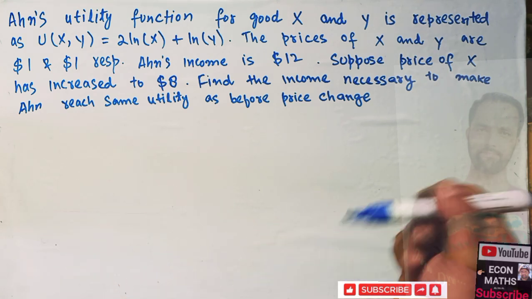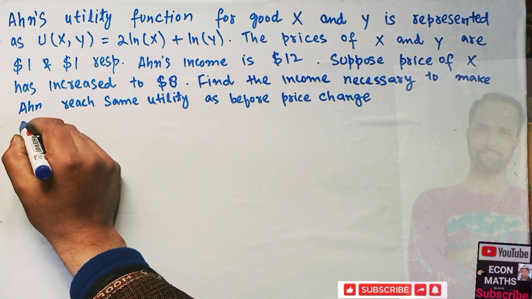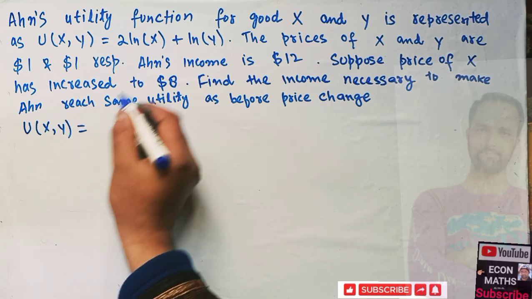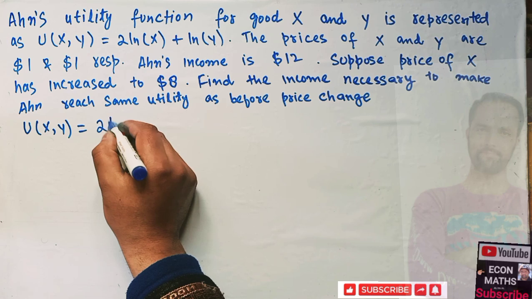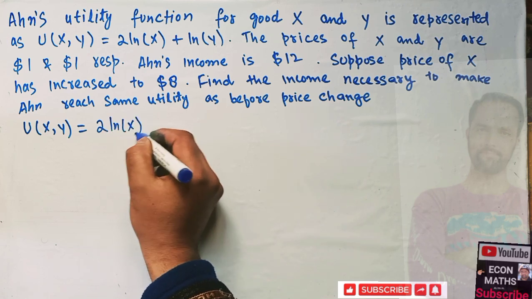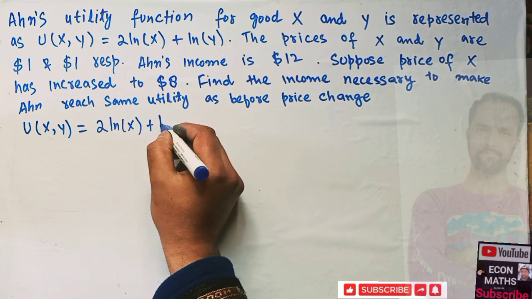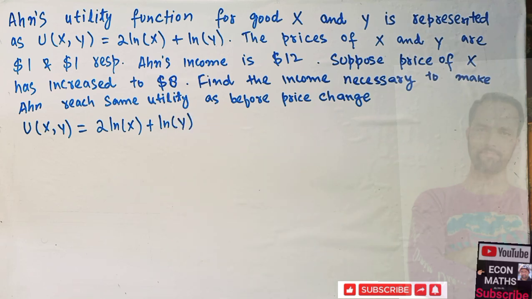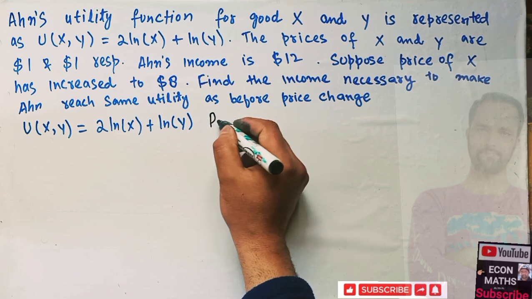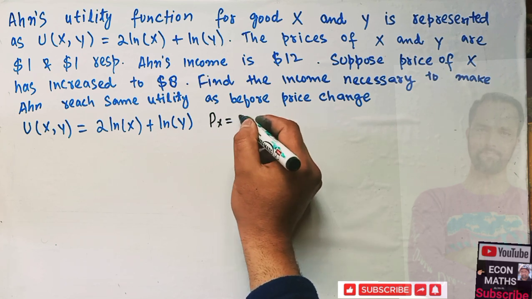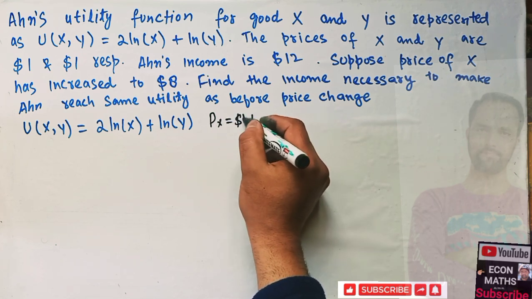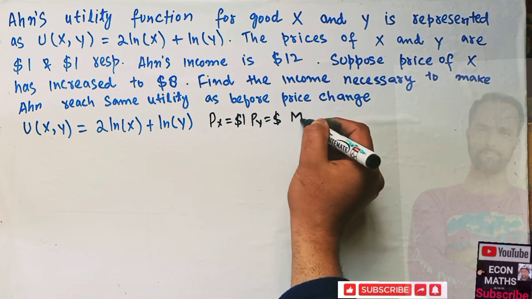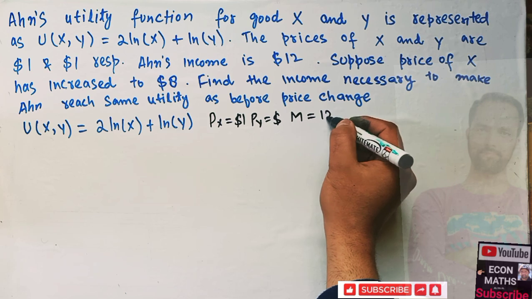Let us see what the utility function is first. Originally our utility function is U(x,y) = 2 ln x + ln y. And what is our budget constraint? Price of x is $1, price of y is also $1, and Ahan's income is $12.